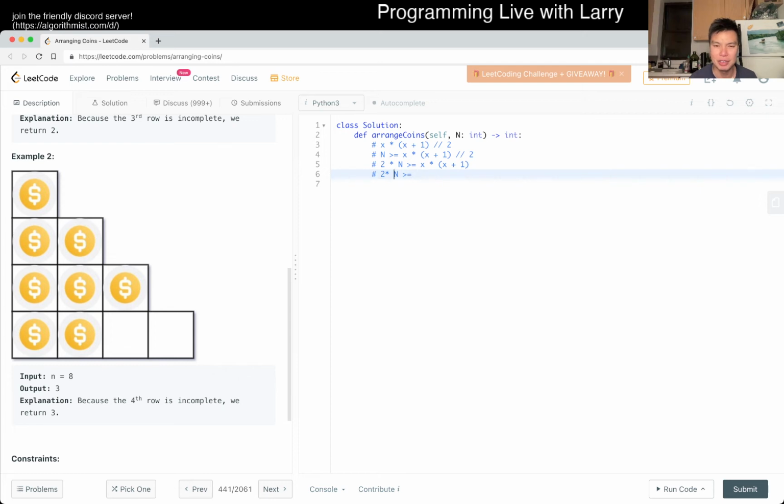Note that n is a given number, so you can solve this as x squared plus x minus 2n, and then just do the quadratic equation. But I think we can also be a little bit lazier: take the root, and then look at a number or two after or before that.